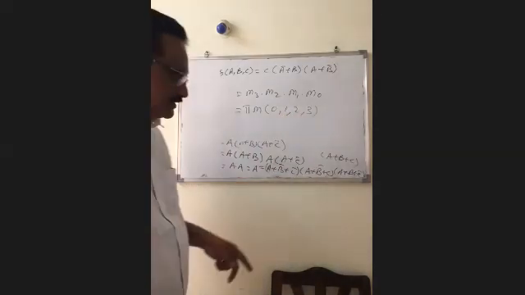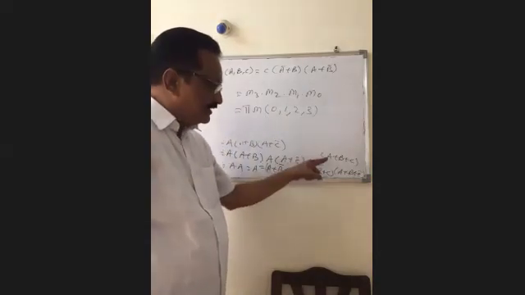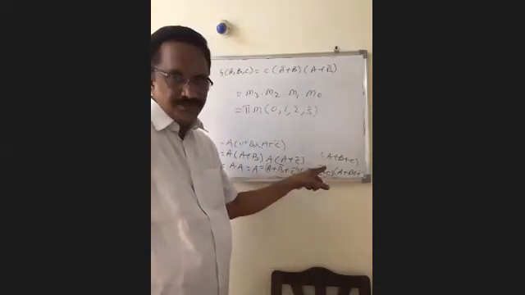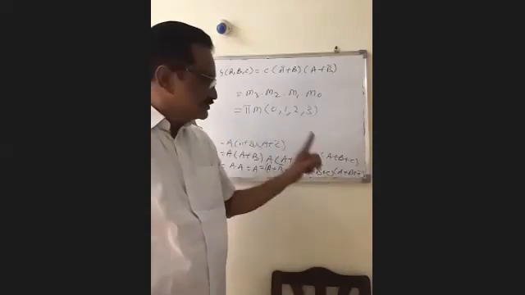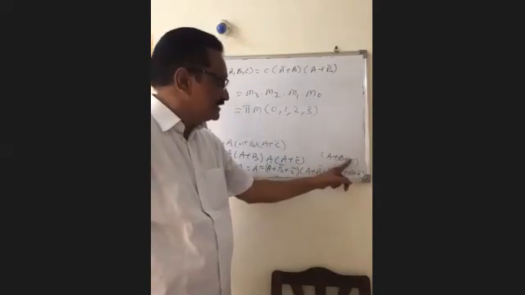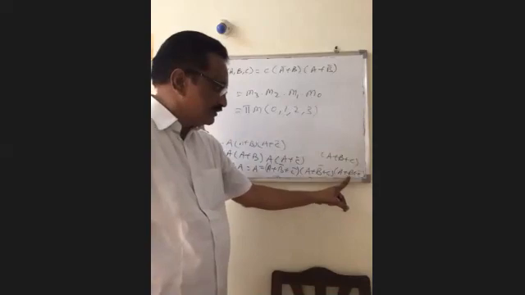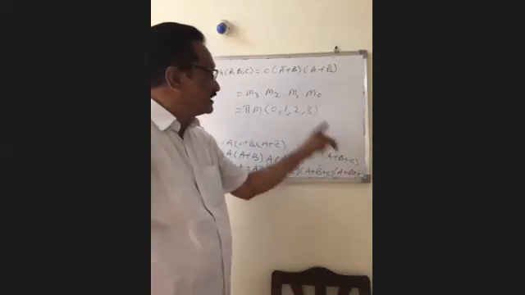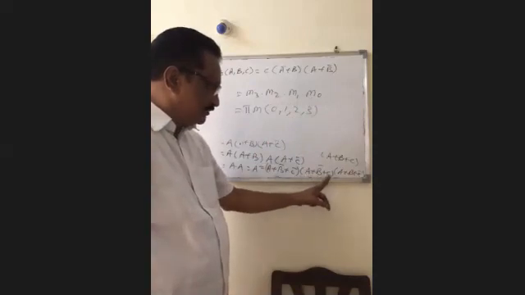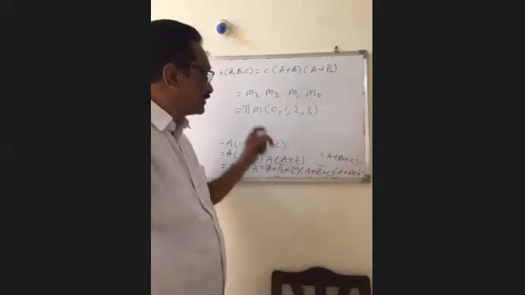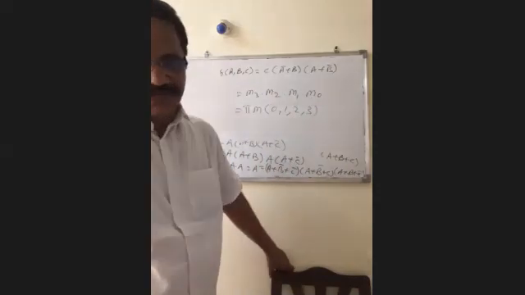Don't get confused. In the case of max terms, the variable indicates logic 0. Complement of the variable indicates 1. So 0, 0, 0. That is M0. 0, 0, 1. That is equal to M1. 0, 1, 0. That is equal to M2. 0, 1, 1. That is M3.